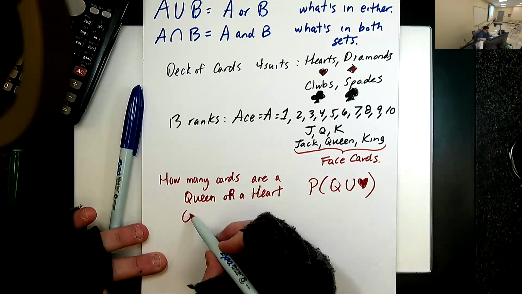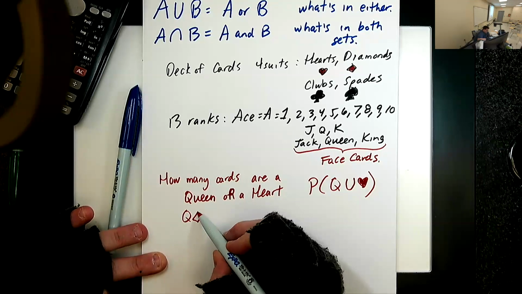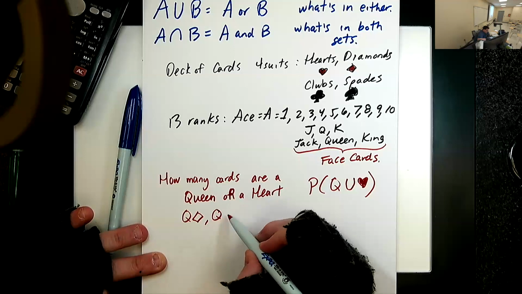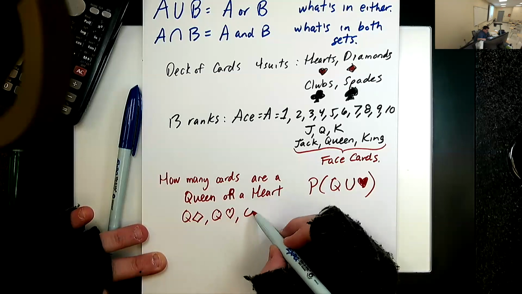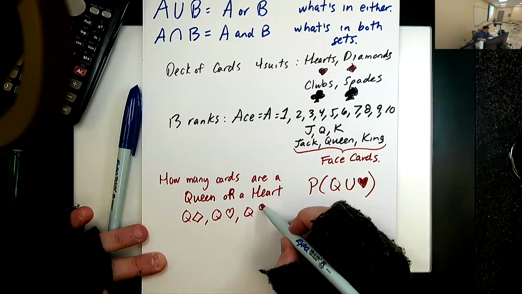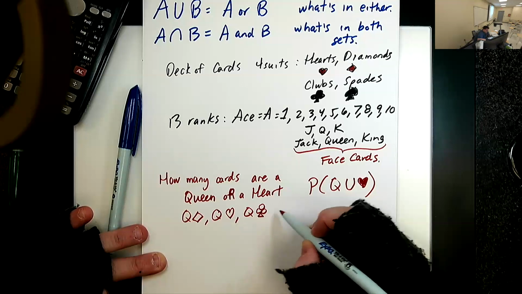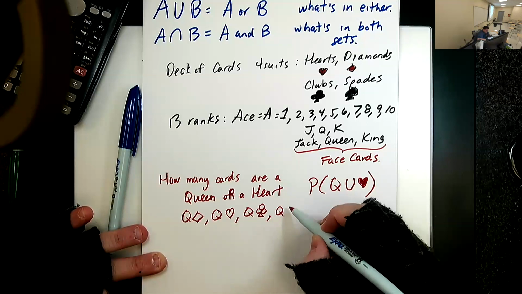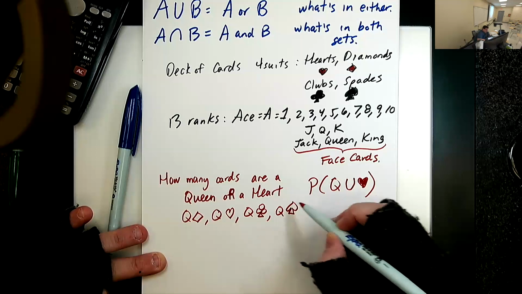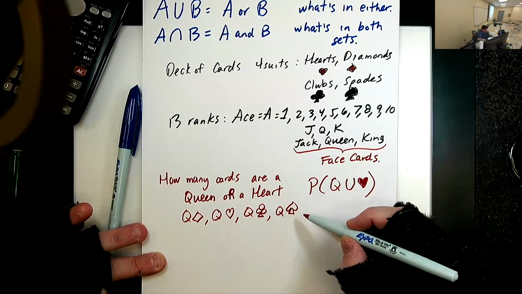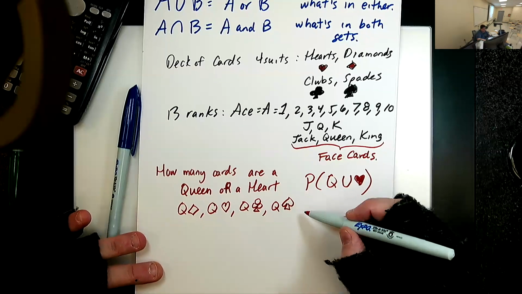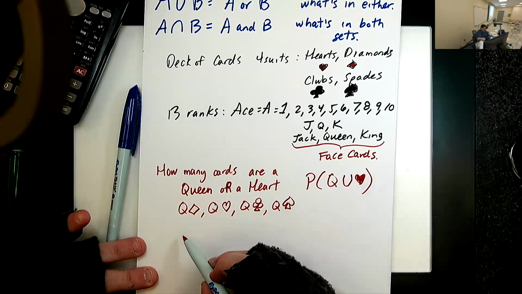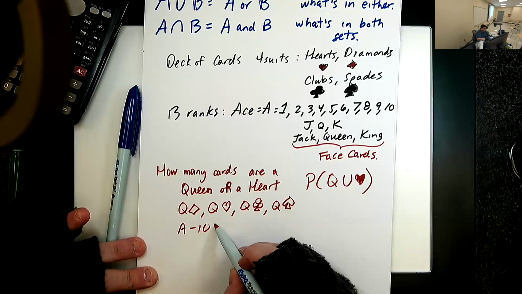Well, we have the queen of diamonds, we have the queen of hearts, we have the queen of clubs, we have the queen of spades. That's all the queens, there's 4 queens. And then we have the ace through 10 of hearts.